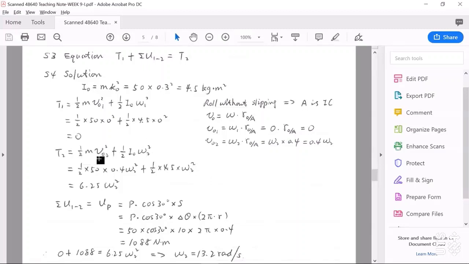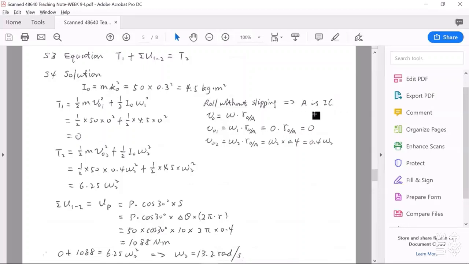T2 still has two components, V_O2 and omega-2, which we don't know. There are two unknowns, but V_O2 and omega-2 are not independent, because this wheel rolls without slipping, and the contact point A between the wheel and the ground is the IC point.